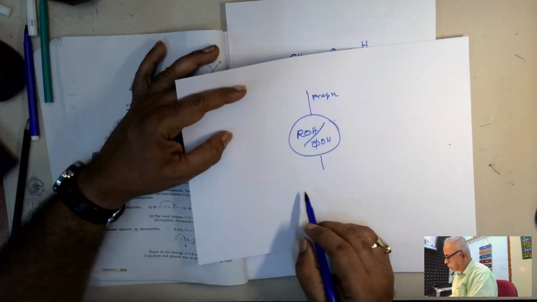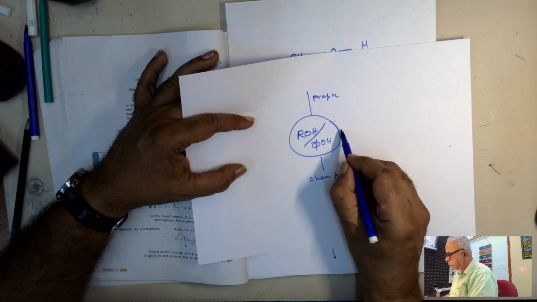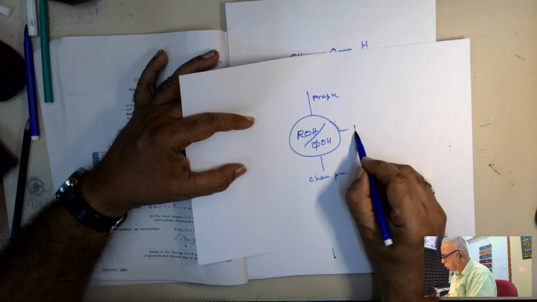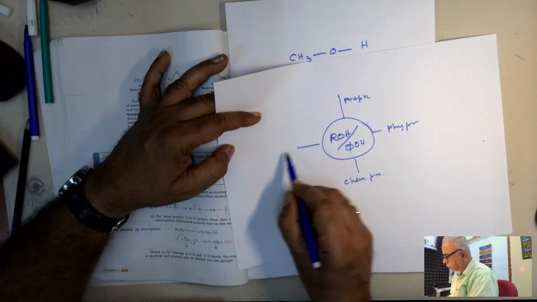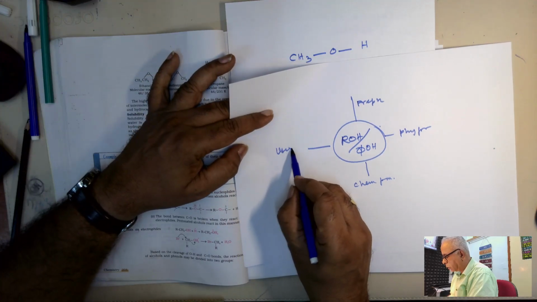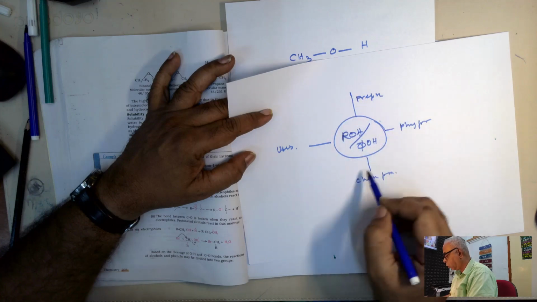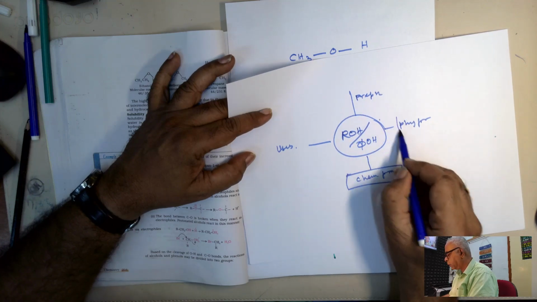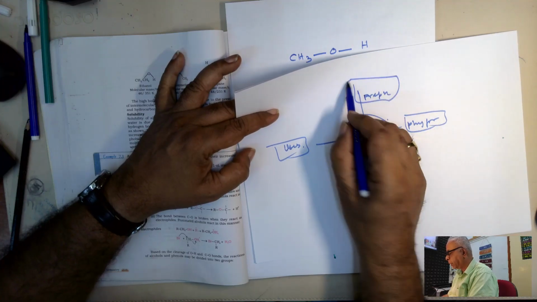Here you are discussing the chemical properties. In between, you are discussing the physical properties. And here you are discussing the uses. So whenever you take any compound, all these are very important: chemical properties, physical properties, uses, followed by preparation.